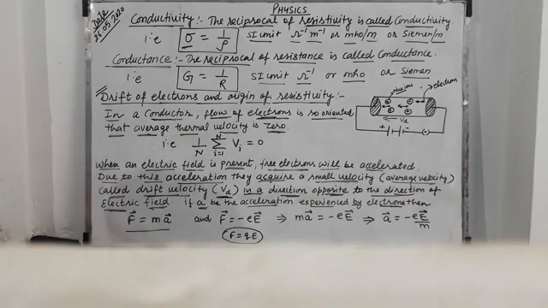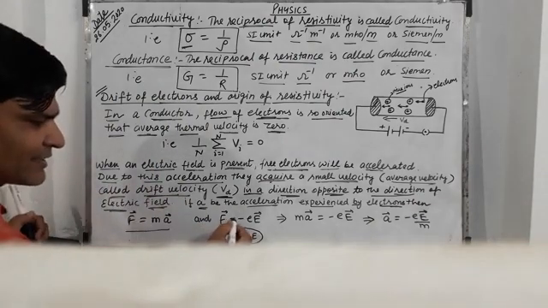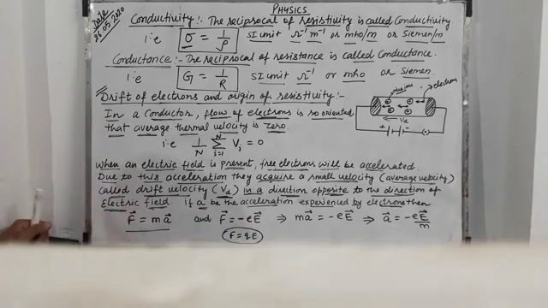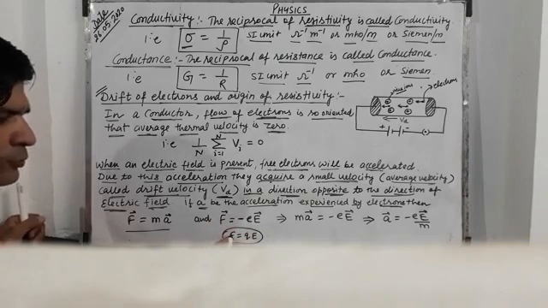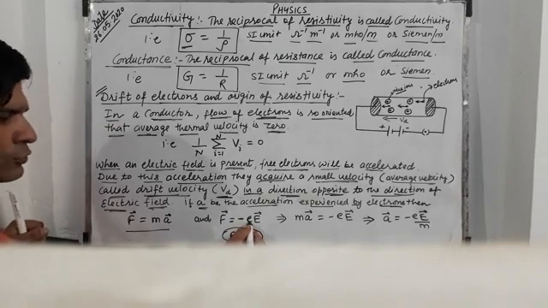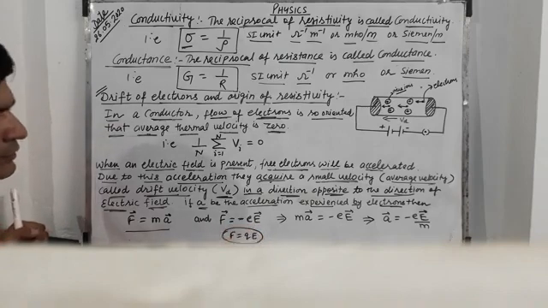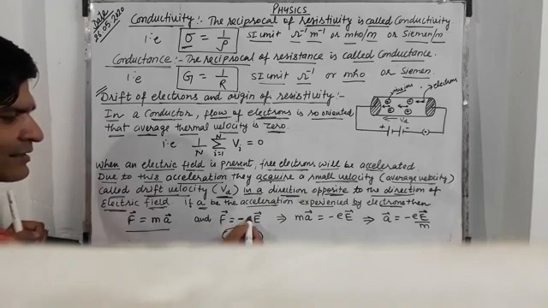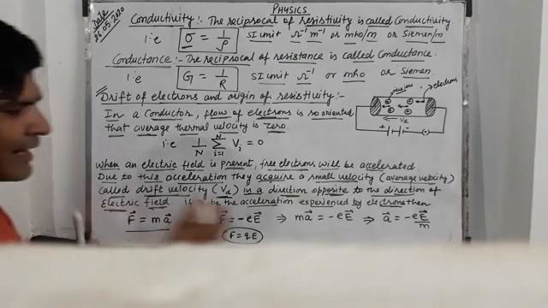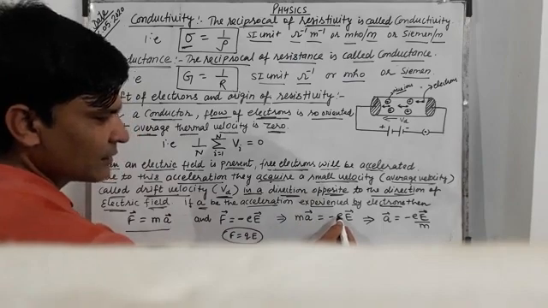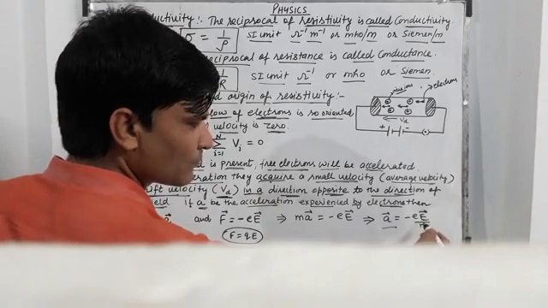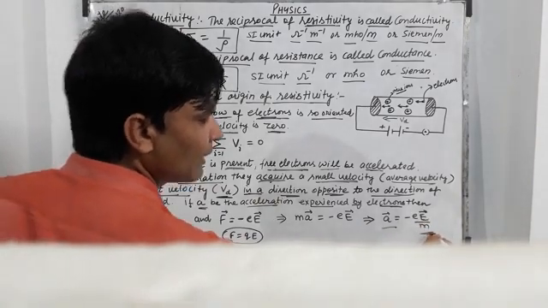Okay, and F is equal to minus small e capital E. This is obtained from the formula F is equal to QE, but the charge is an electron, and electron has negative charge, so we get F is equal to minus small e capital E. From both we get ma is equal to minus small e capital E, so a is equal to minus small e capital E upon m.